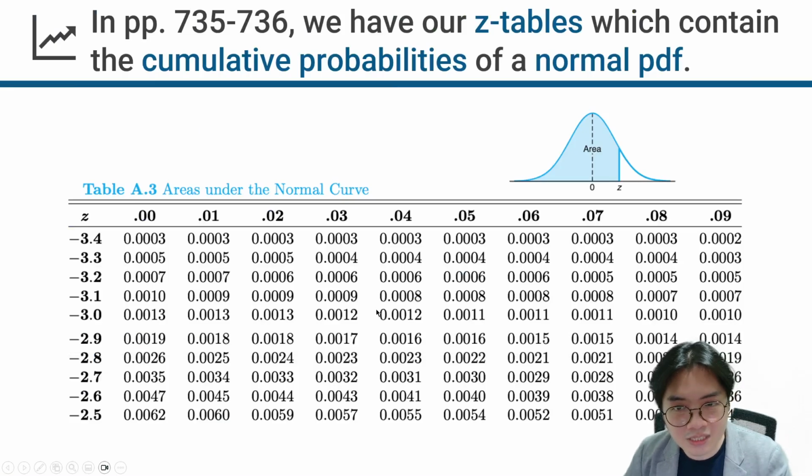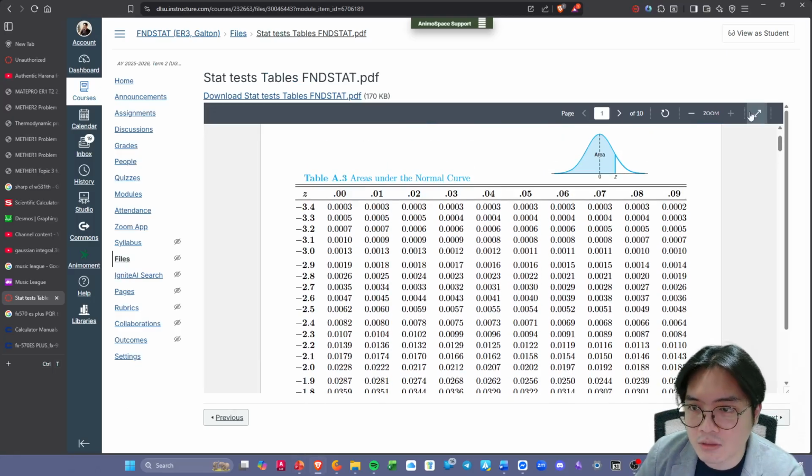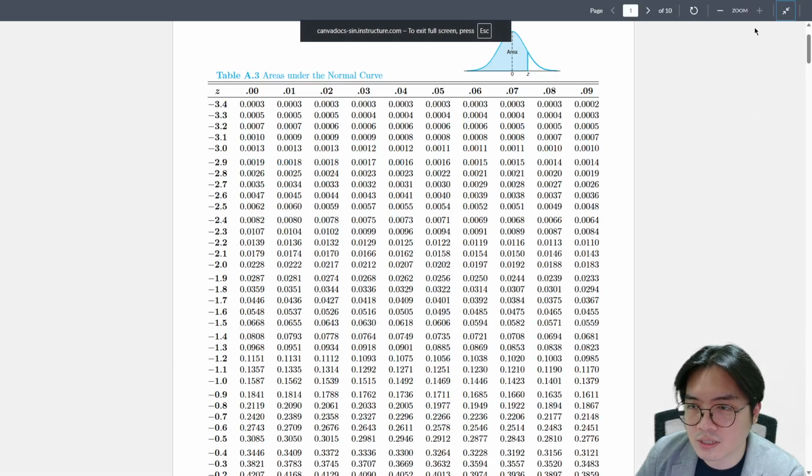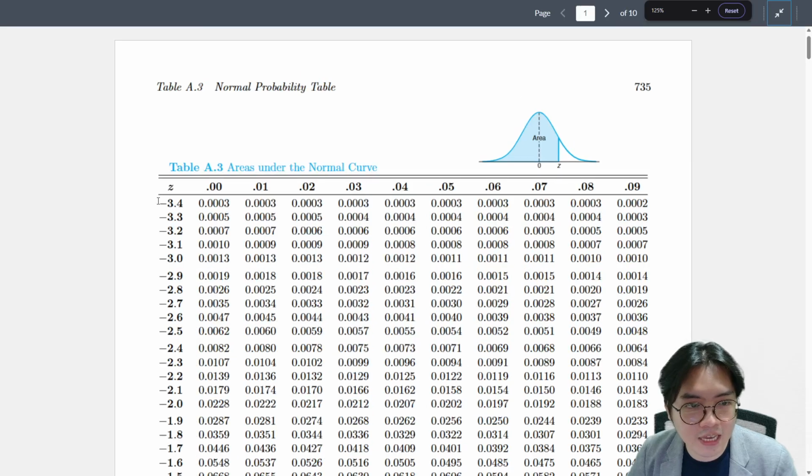What does that mean? Again, what we're seeing in here are cumulative probabilities. How this table works is that you will have your ones place and your tenths place in here, and then in here you will have your hundredths place.